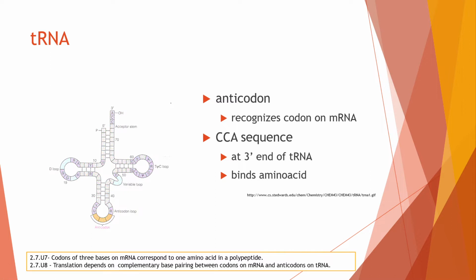And this 3' end is where the amino acid will be bound by a covalent bond. It is important because a covalent bond, as you remember, is quite strong. So this is a safety-proof mechanism making sure that the amino acid will not get lost and will not detach until it is the good moment.